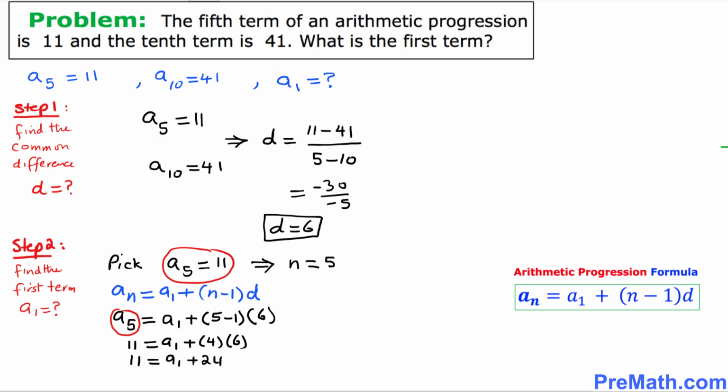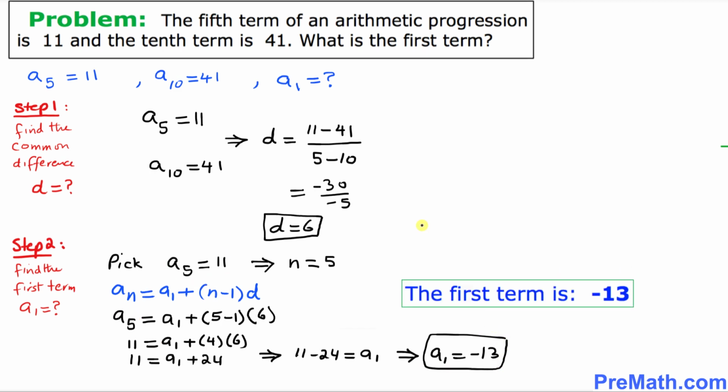Let's move this 24 on the other side, so that is going to give us a sub 1. 11 minus 24 equal to a sub 1. That means a of 1 equal to negative 13 as our first term. So thus our first term, a sub 1, turns out to be negative 13.